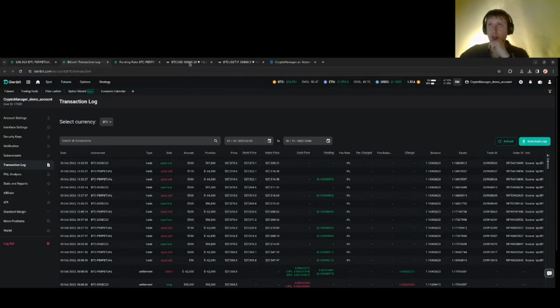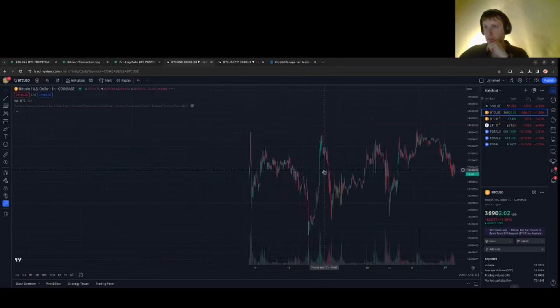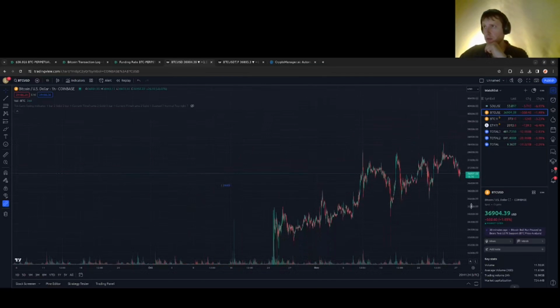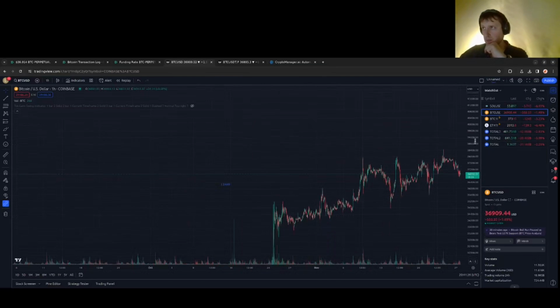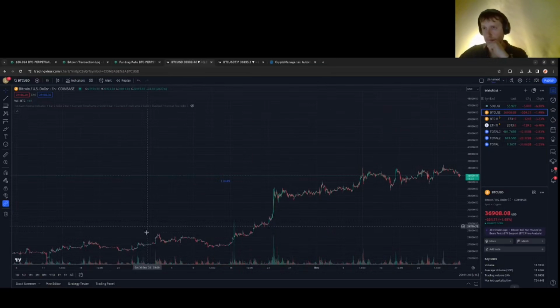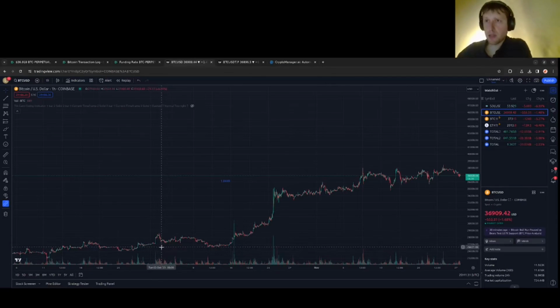So as soon as the market exploded in October, let me show you on the chart. Not exploded, but like the price started going up.